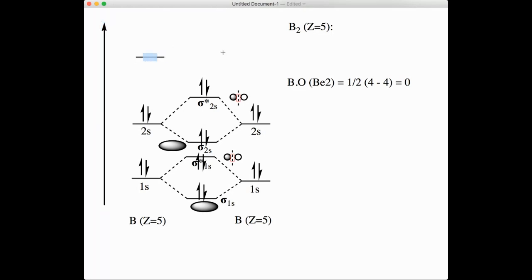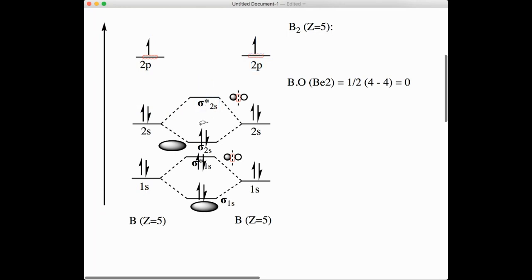So I'm going to say 2p1 here, and there will be only one electron in there. So that's a total of 5. So 2, 4, 5. Right, that is correct.